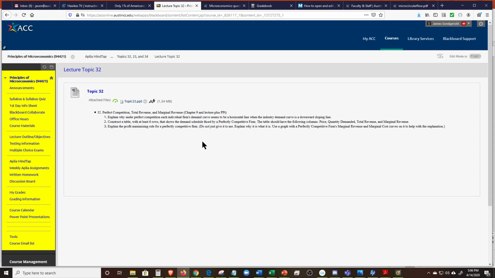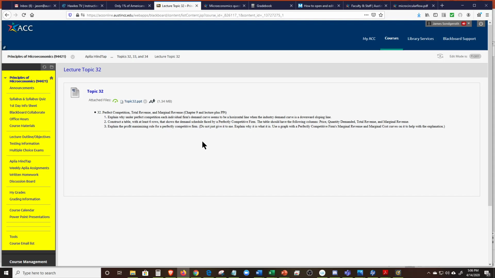The second part to topic 32: construct a table with at least 6 rows that shows the demand schedule faced by a perfectly competitive firm. The table should have the following columns: price, quantity demanded, total revenue, and marginal revenue. So 1, 2, 3, 4 columns, okay, and 6 rows. All right, we'll have to do that.